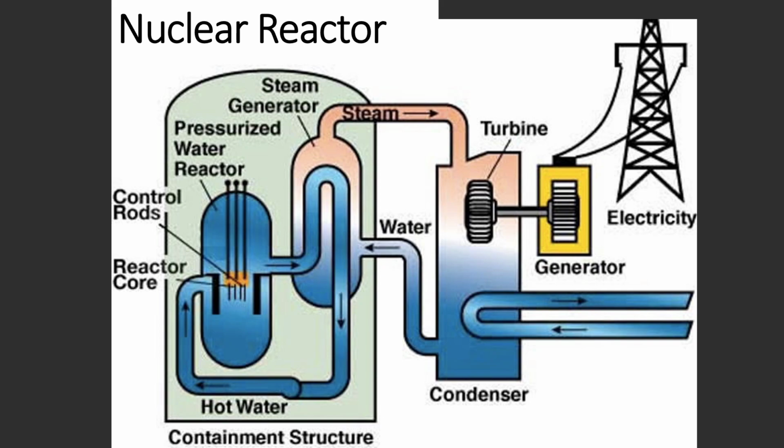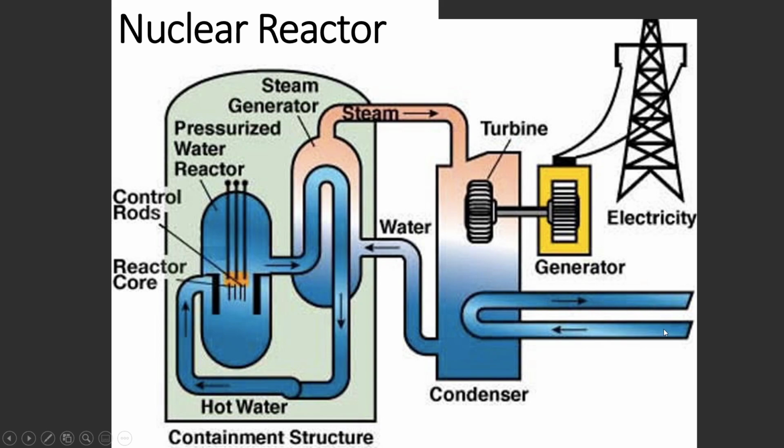So this is a very similar process as the coal power plant. In a nuclear reactor, you have control rods in the reactor core. The water is able to cycle through. That water collects the heat from the reaction. The heat is then forced into a reservoir, the steam generator, where steam is produced. And then that steam goes in to turn the turbine.